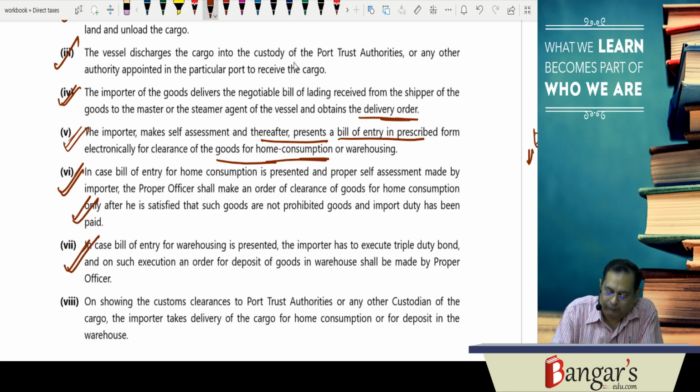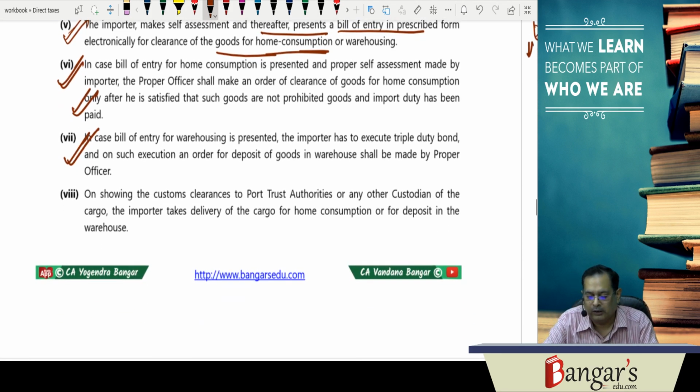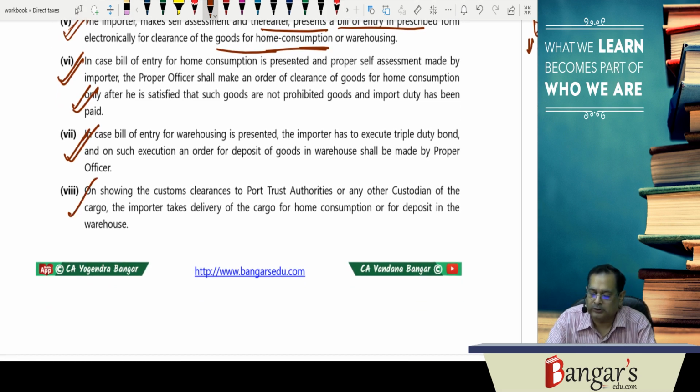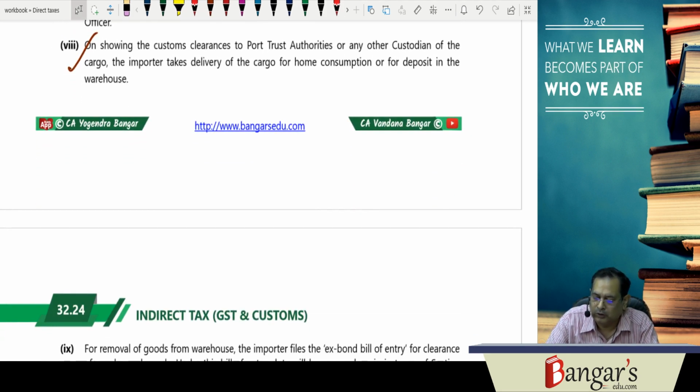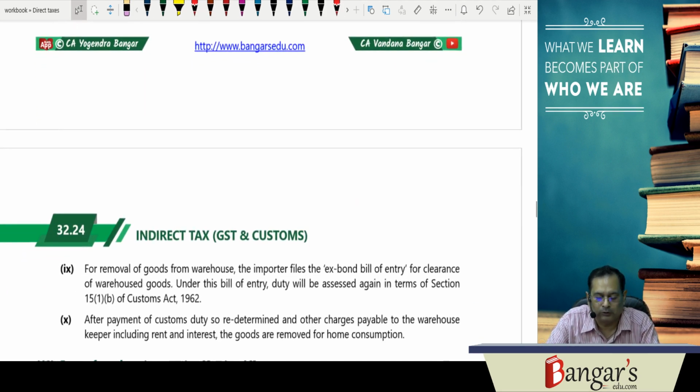If the bill of entry for warehousing is presented, then the importer has to execute a bond for triple the amount of duty, and on such execution, the order for deposit of goods in the warehouse is given. And on showing the customs clearance to the port trust authority or any other custodian of the cargo, the importer can take delivery of the goods for home consumption or for deposit in the warehouse.